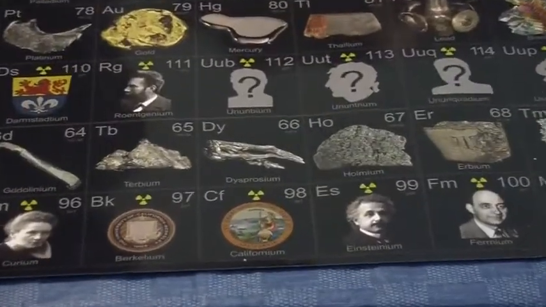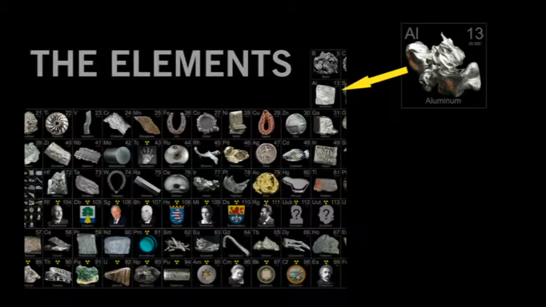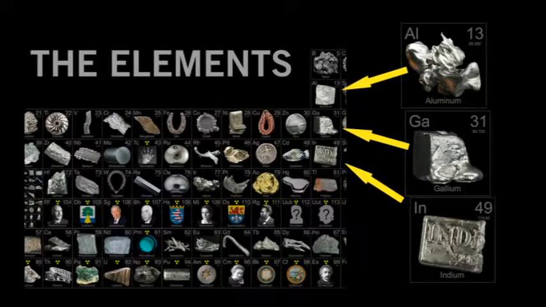Well, there's a number of properties that all these elements have. Why don't you show us a few? Well, the first thing is most of the stuff from this part of the periodic table, aluminum, gallium, and indium, are all metals.